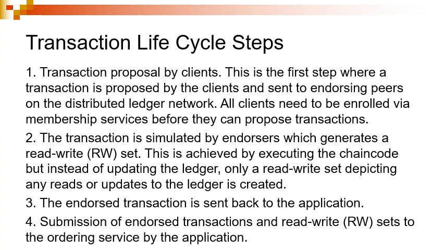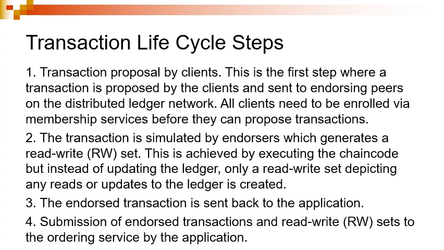Then the second step: the transaction is simulated by the endorsers, which generates a read-write set, and this is achieved by executing the chain code. Chain code is nothing but the smart contract, which holds the business conditions and parameters that need to be satisfied before processing the transaction. So the chain code will verify whether the business conditions are satisfied or not.